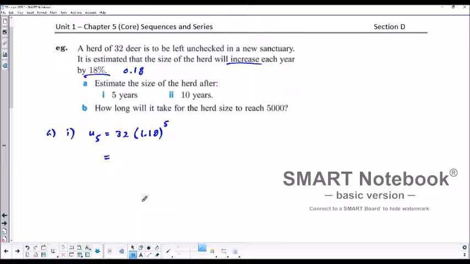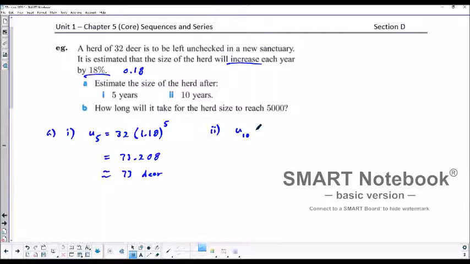I will save you the hassle of going back and forth between the smartboard and the calculator. Just trust me when I substitute all this into the calculator, and I get 73.208. So it's going to be approximately 73 deer after 5 years. And then in part 2, we're going to be looking at after 10 years.